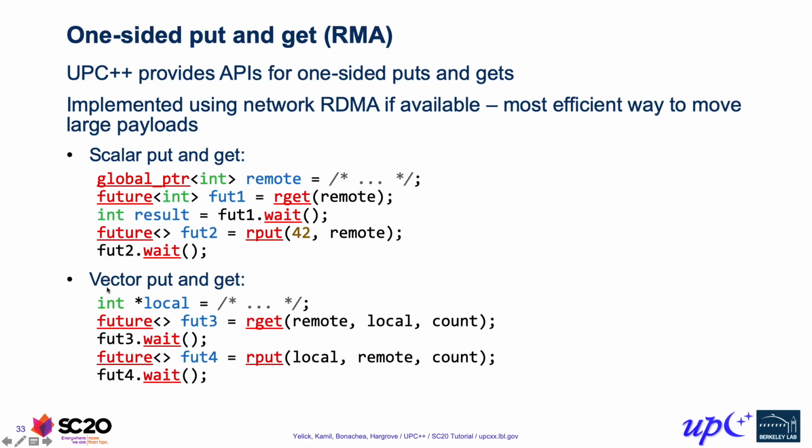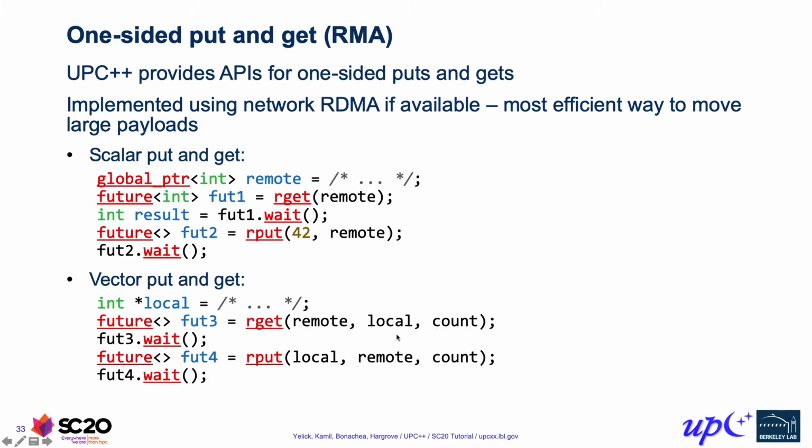For the vector versions, it's similar, except now we're giving it some source address, some destination address, and also a count of the number of elements to transfer. In the case of rget, the source address is a global pointer, again, potentially referencing something remote. The target is a local pointer on the current process, and so that's just a standard C++ pointer.